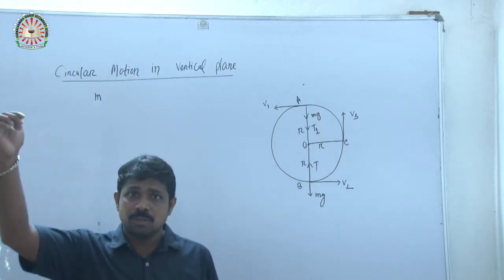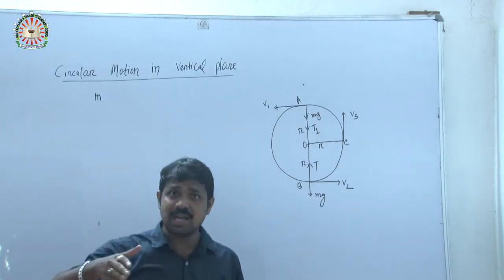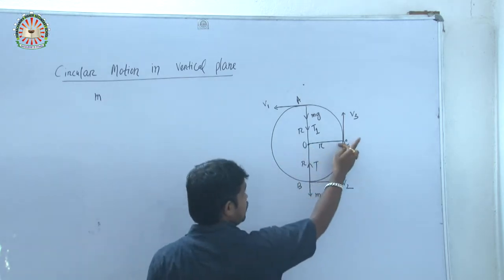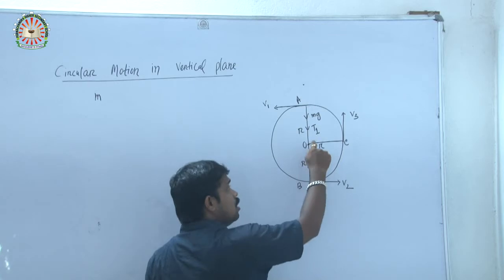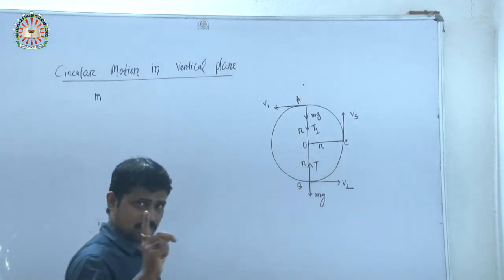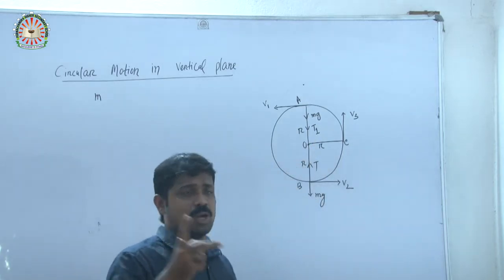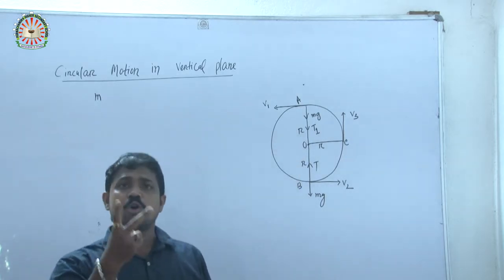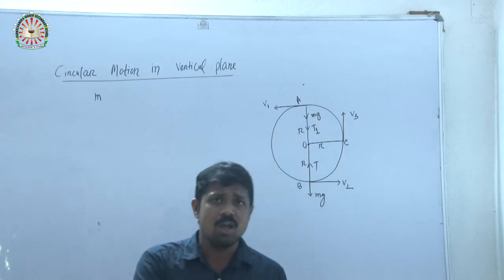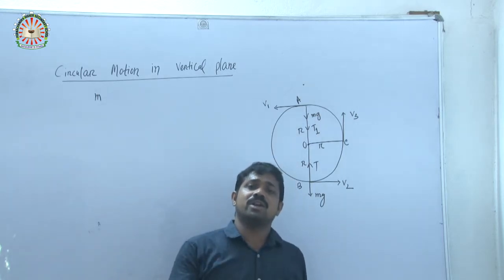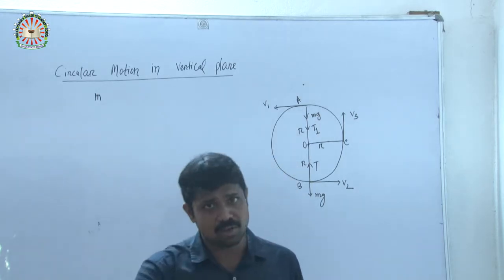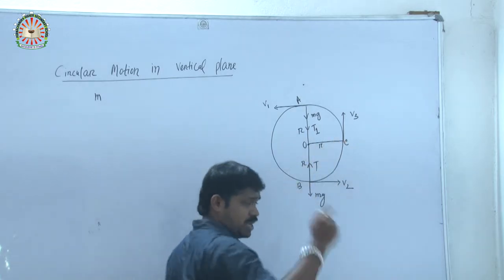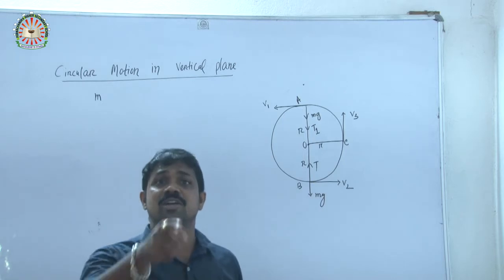In the previous class we discussed that the centripetal acceleration is applicable only towards the center and is radial in nature. During a circular motion we get two components of acceleration: one is the tangential acceleration, another is the radial acceleration. The radial acceleration, which is towards the radius, is called the centripetal acceleration.